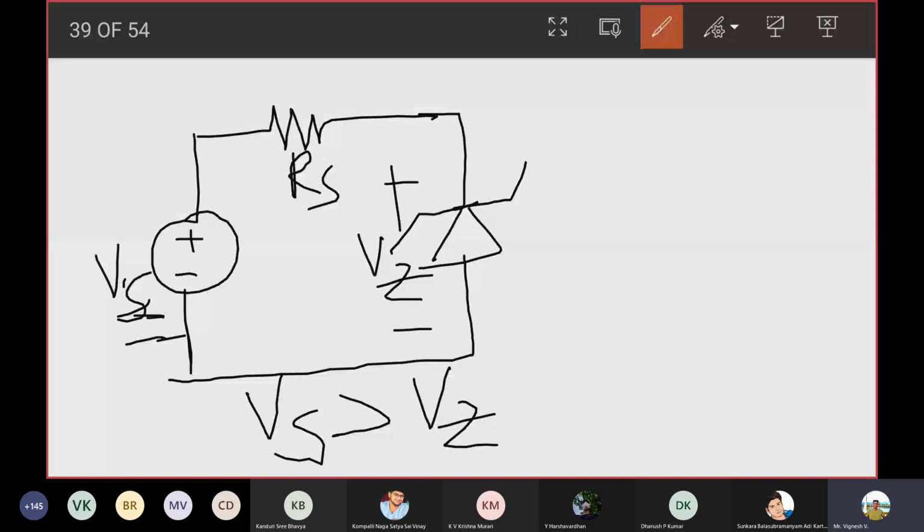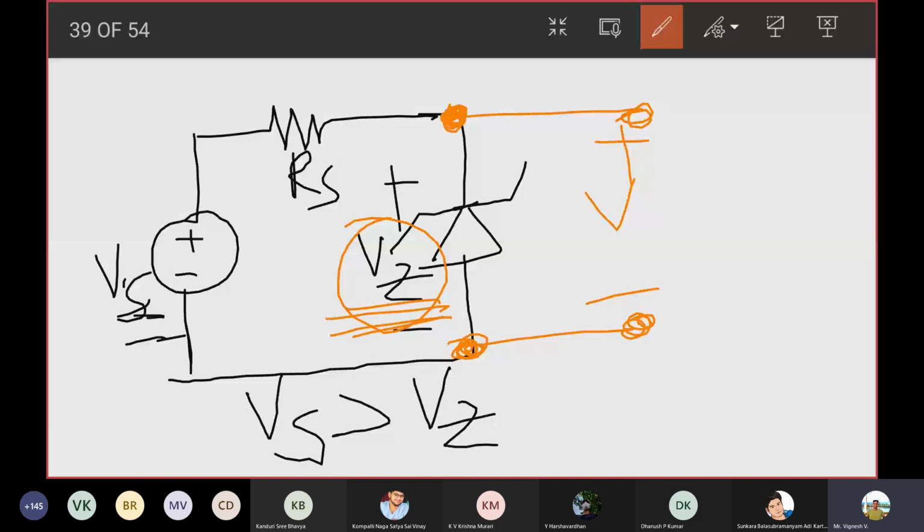You'll be given the Zener voltage Vz. So you know that the voltage across these two nodes should be greater than the Zener voltage. If it is greater, then the voltage across the Zener diode is the same as Vz.